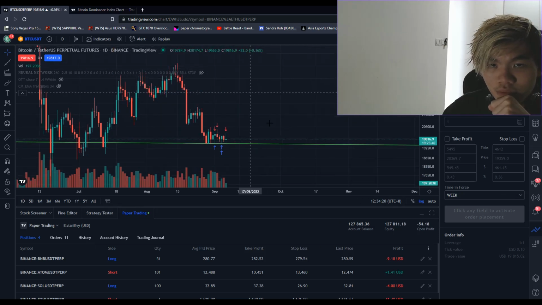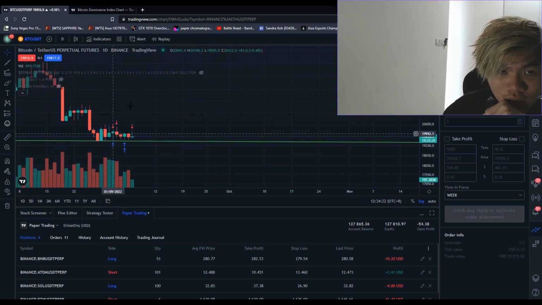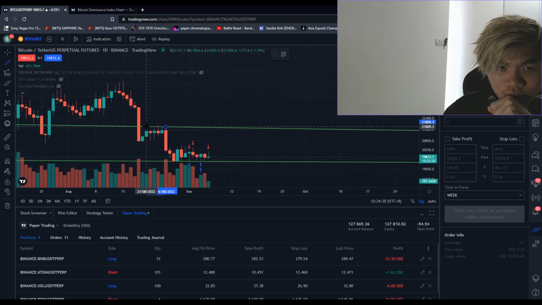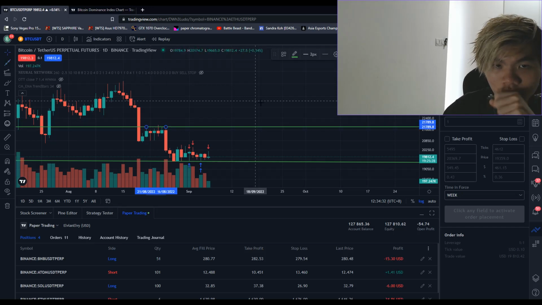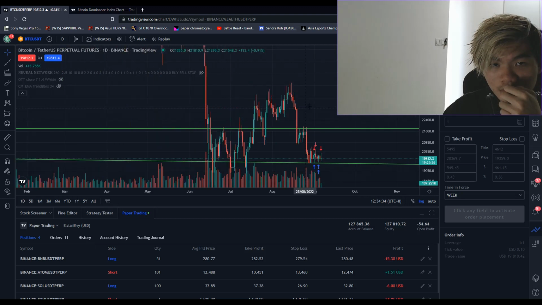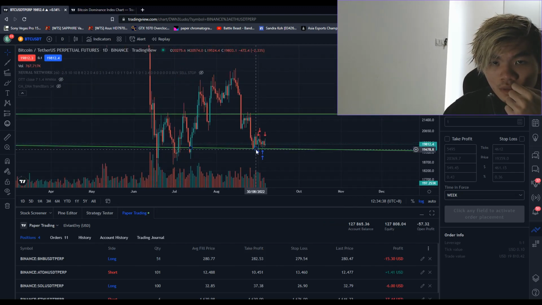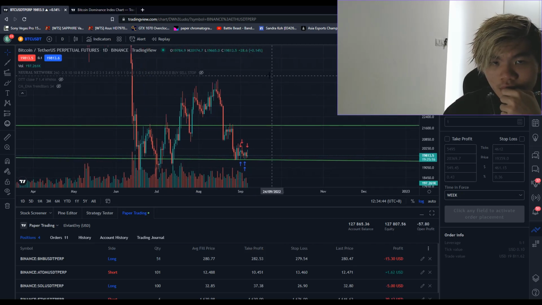So we saw it didn't retest here, it retested here. So this is a better line to draw. Okay, so we're probably seeing this as the support and resistance. Yeah, okay, that looks like a straight line at least.